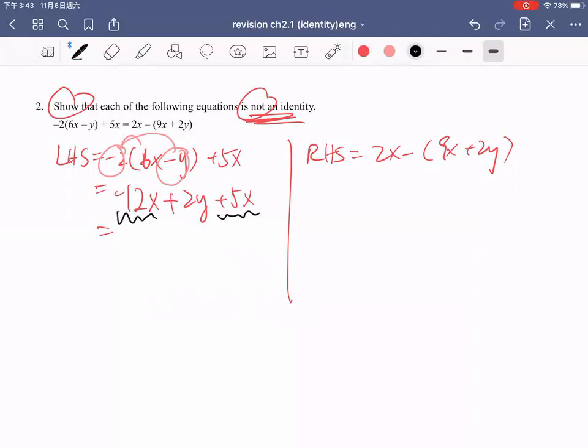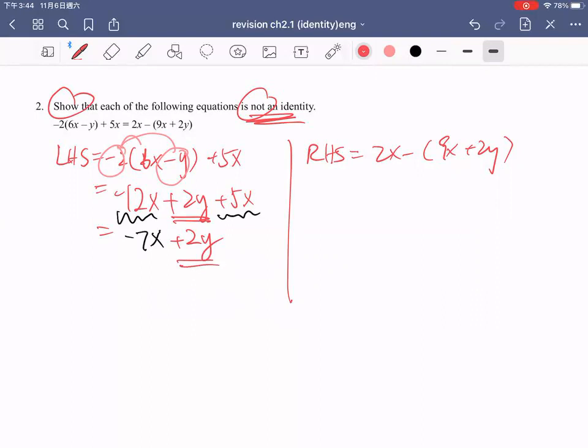We add them up, you can think of negative 12, you owe $12, and then you have an income or input of $5. Or you can use a calculator that will give you negative 7x. Okay, then we copy. Remember, copy the positive 2y.